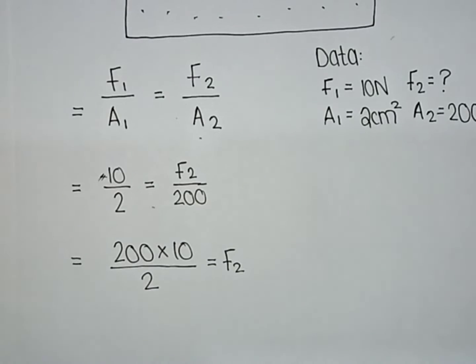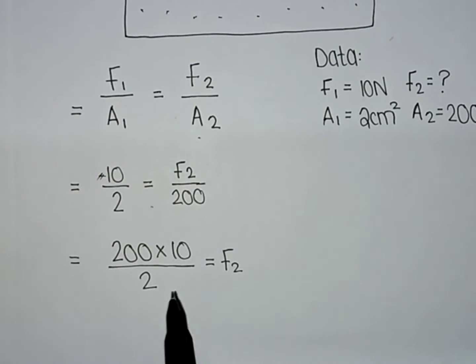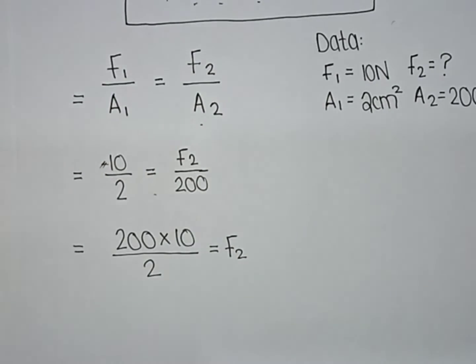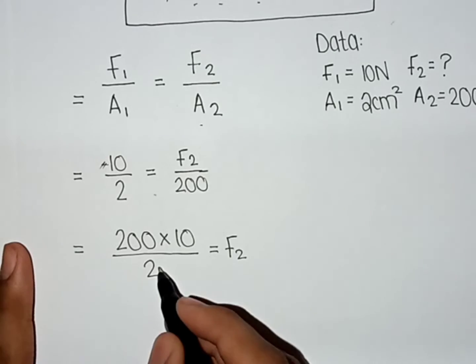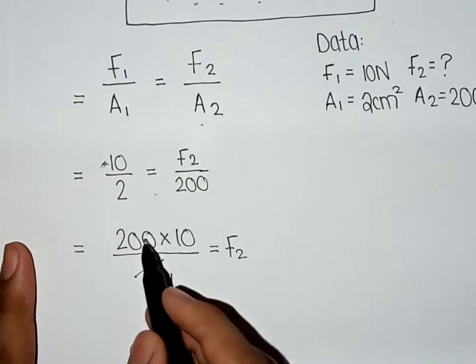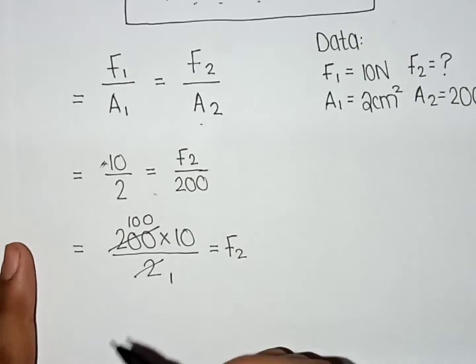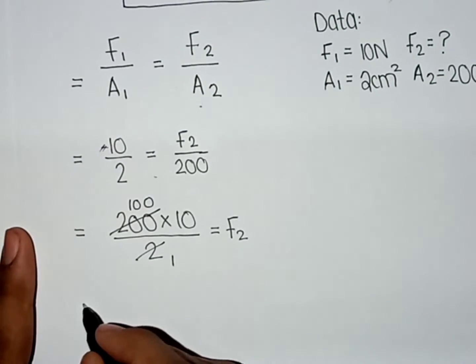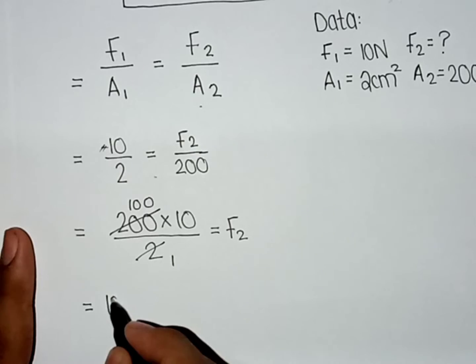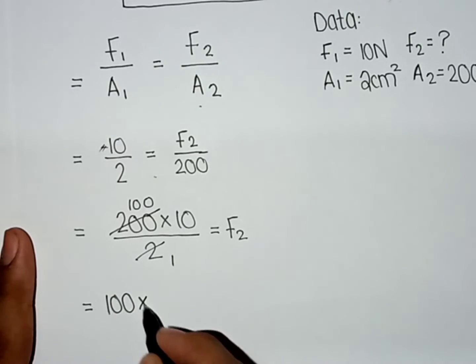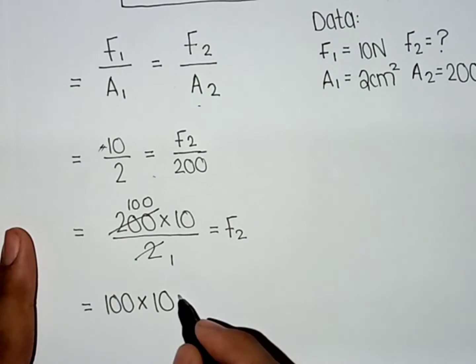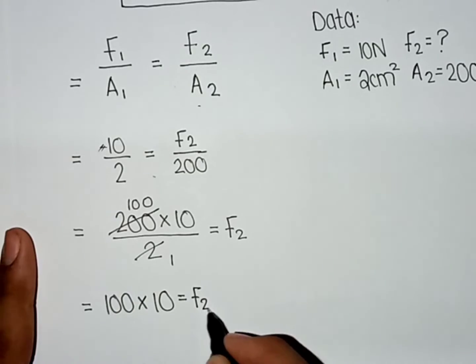Now, do you think something is happening here? If you are expert in maths, obviously it's dividing. 2 ones are 2, 2 hundreds are 200. So the answer will be 100 multiplied by 10 is equal to F2.